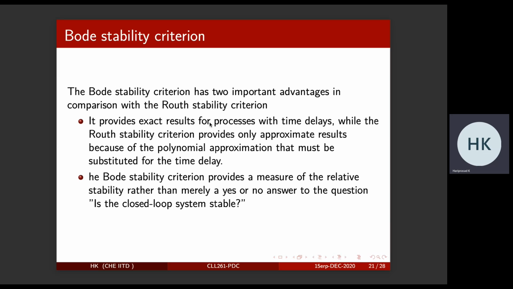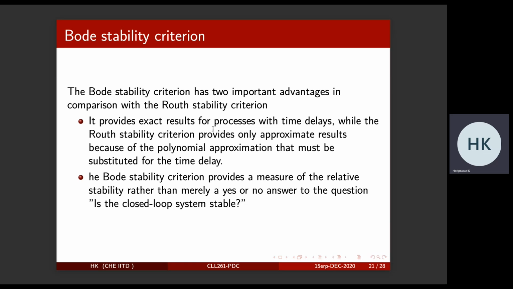So now what we are going to look at is Bode stability criteria and how it is used to characterize the stability of the system.